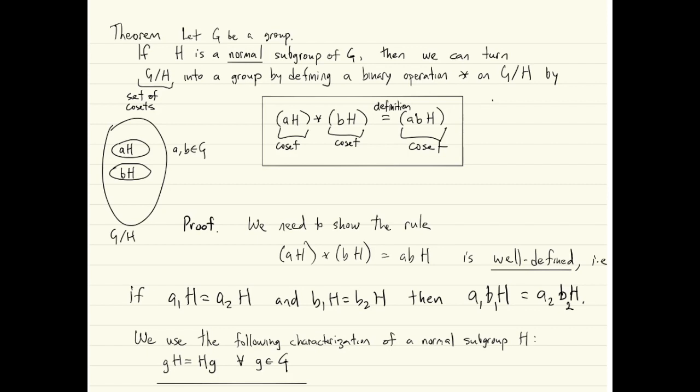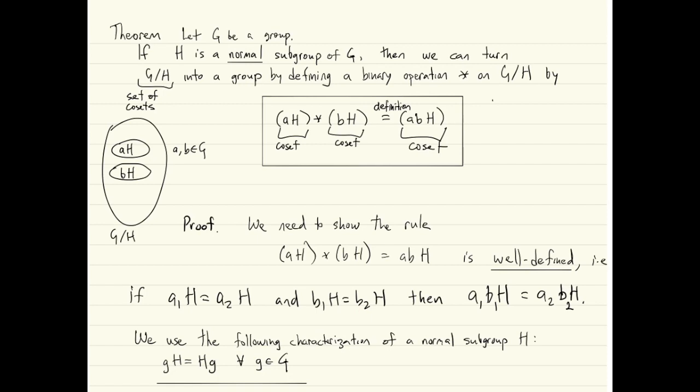And so the question, or the issue, is, what if we choose different representatives? So for example, if A1 and A2 are elements of G so that A1H equals A2H, and similarly B1 and B2 are elements of G such that the coset B1H equals B2H. Again, this does not mean that B1 equals B2.